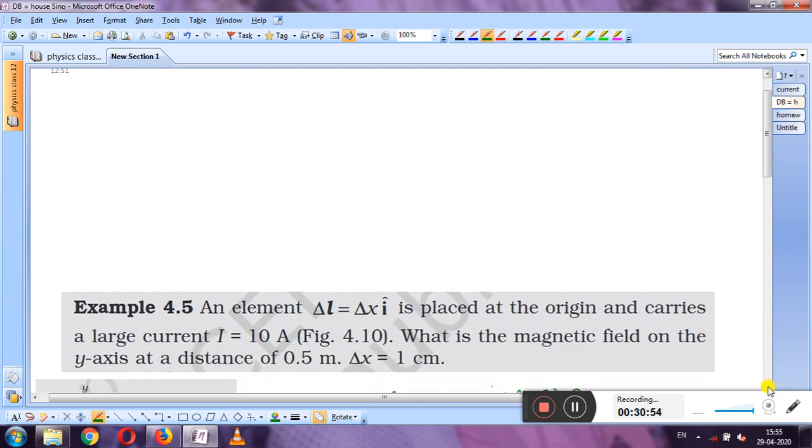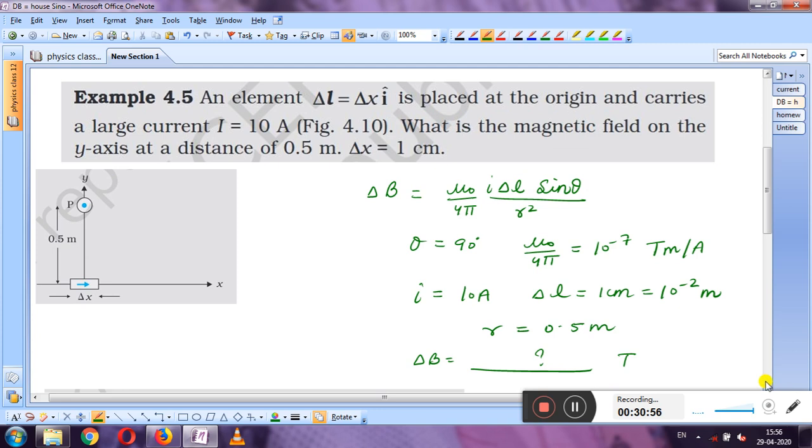So the first question, what is the first question? There is a small current element of length delta x, lying along the x-axis. So you can see here the length of the current element has I cap, right? The value of delta x is 1 centimeter.